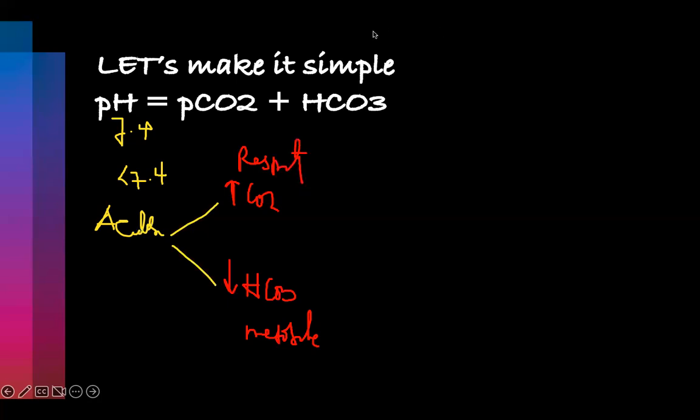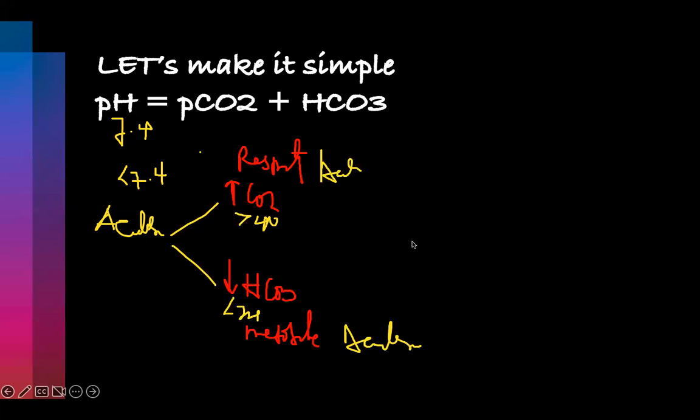And since we're dealing with acidosis, we just put it here: respiratory acidosis. So this is what it looks like. We're dealing with acidosis. We have metabolic acidosis. That means our bicarb is less than the 24, and our CO2 is greater than 40. That's all. So respiratory, because this is high, is acidosis, and this is low, metabolic acidosis.